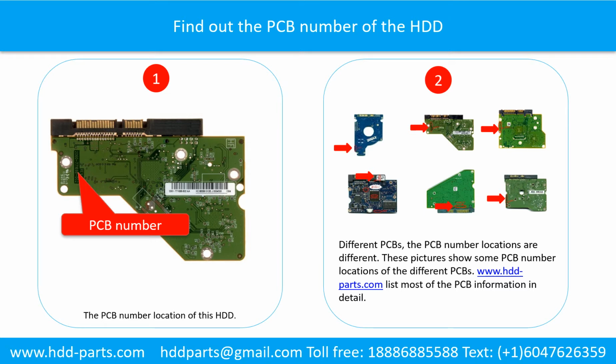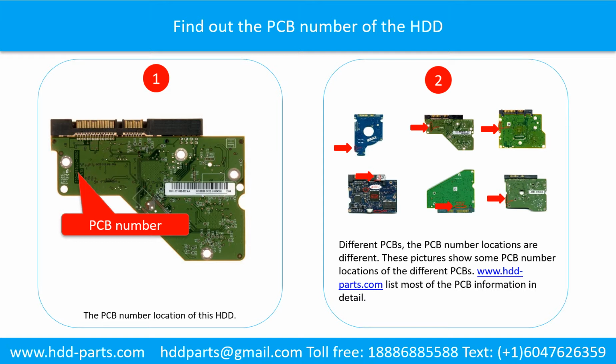Find out the printed circuit board number of the hard drive. Picture 1 shows the printed circuit board number location of this model hard drive. For different printed circuit boards, the printed circuit board number locations are different.